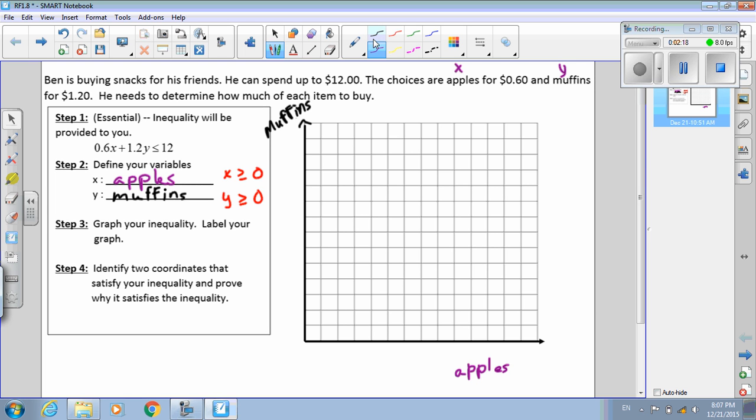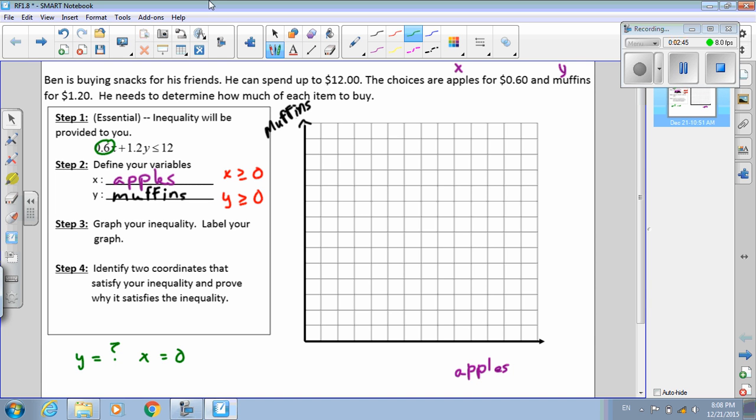So now you have to graph this function. I would recommend using the intercepts. So let's find our intercepts before moving further. What is the y-intercept if x is 0? If x is 0, 12 tenths times what gives me 12?